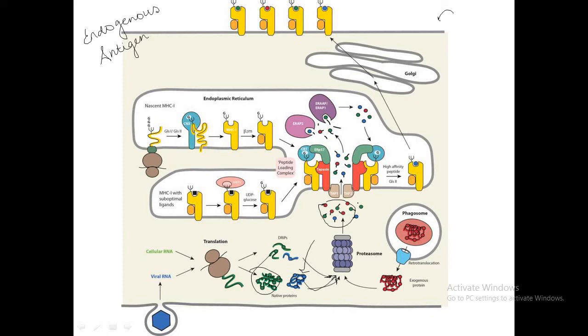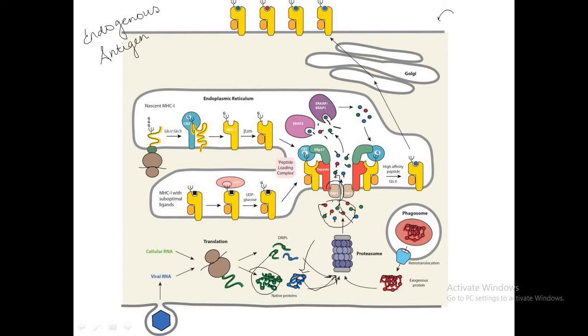For this viral protein to get cleared from the cell, it first needs to enter the endoplasmic reticulum. The reason it needs to enter here is the presence of the MHC1 molecule inside this ER. So how does it enter this ER? This viral protein enters the ER via the TAP1 protein.